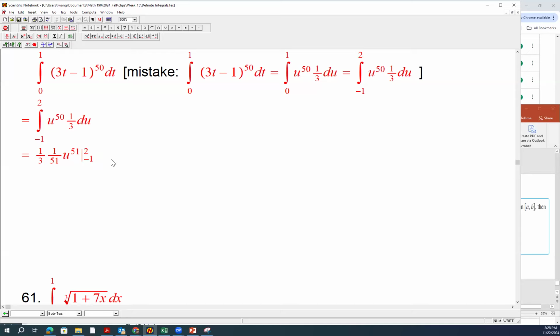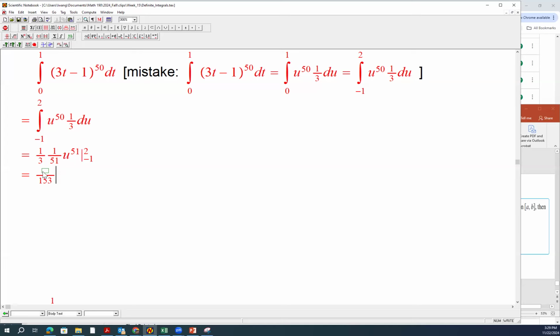That's how you write it. And the next step, you have 3 times 51, and that's going to be 153.